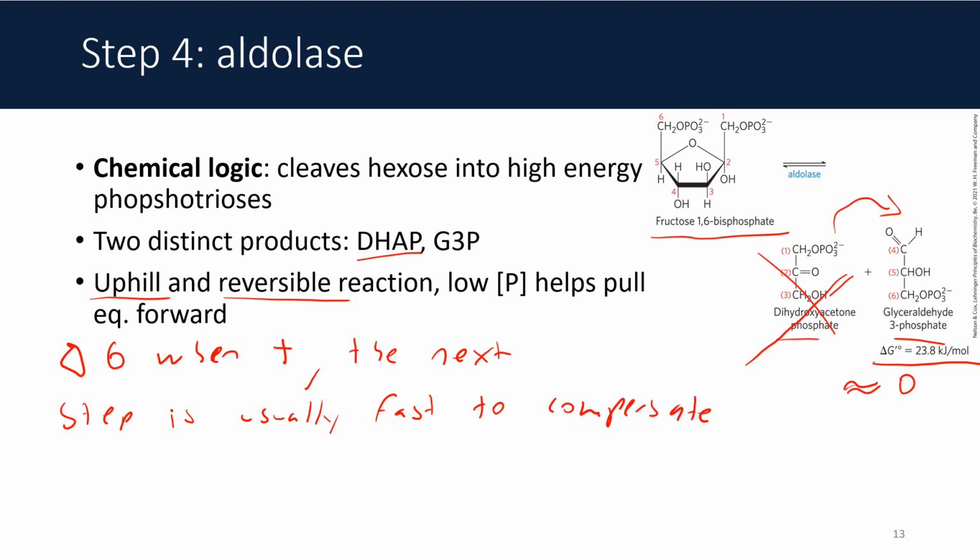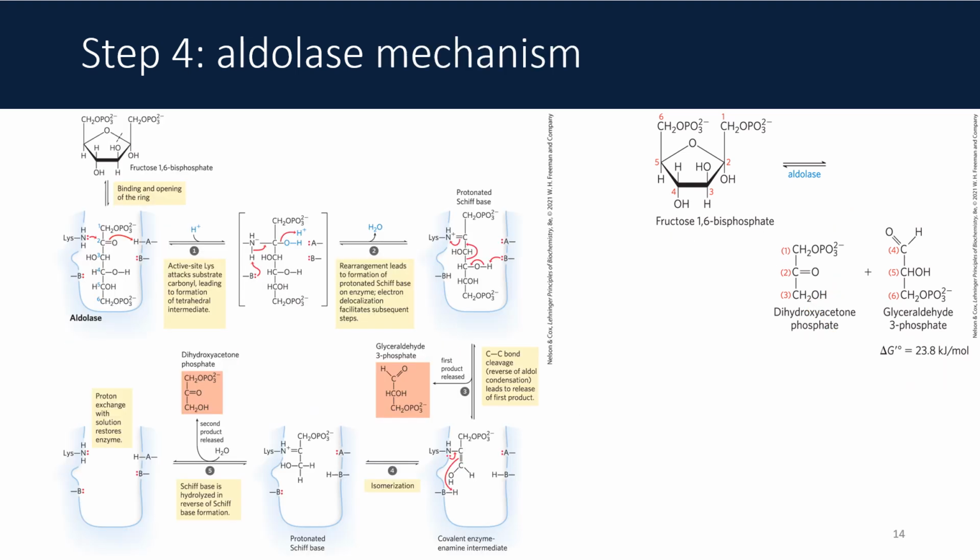And pull reaction equilibrium forward. The aldolase mechanism is the most complex in my opinion, but if it helps, what we're essentially doing is the reverse of an aldol condensation from organic chemistry too.